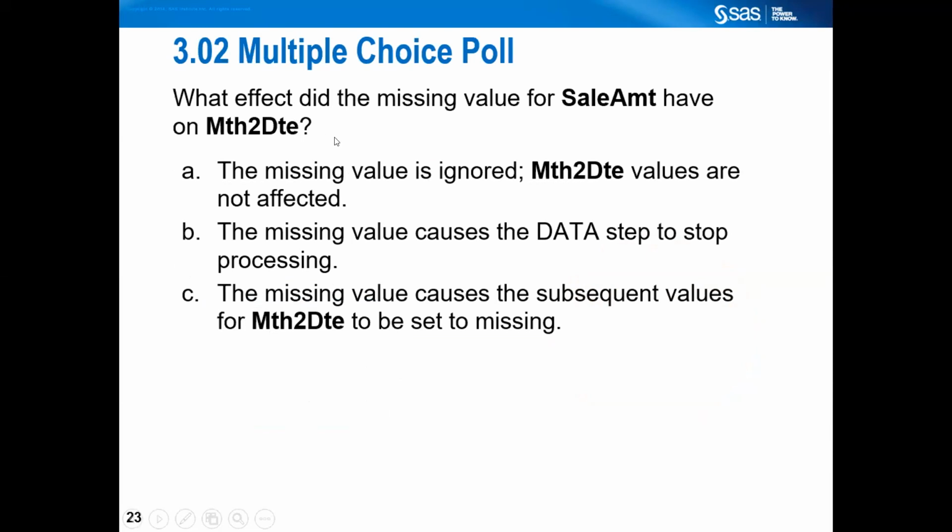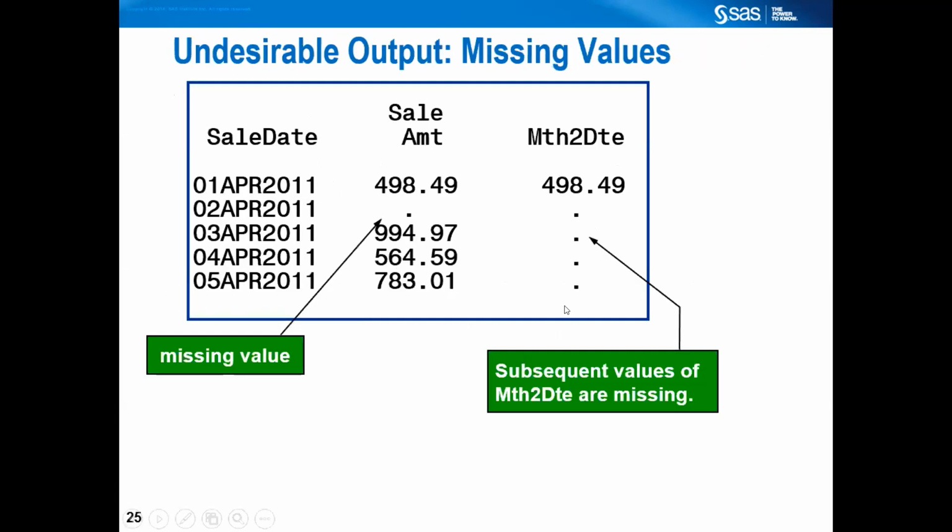Earlier, without a sum function, what was it resulting in? All the subsequent values are also missing. Correct, absolutely. The values for all your subsequent month to date were missing. So this was our result earlier.